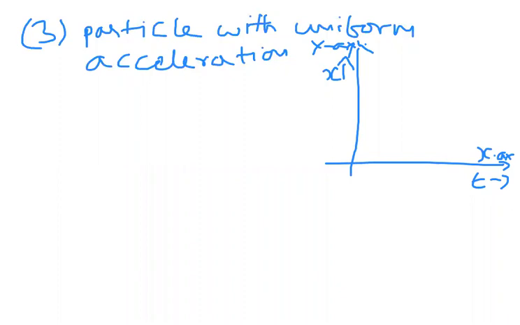Here it is moving with uniform acceleration. The equation of motion is x minus x naught, which is called displacement, equal to ut plus half at square.